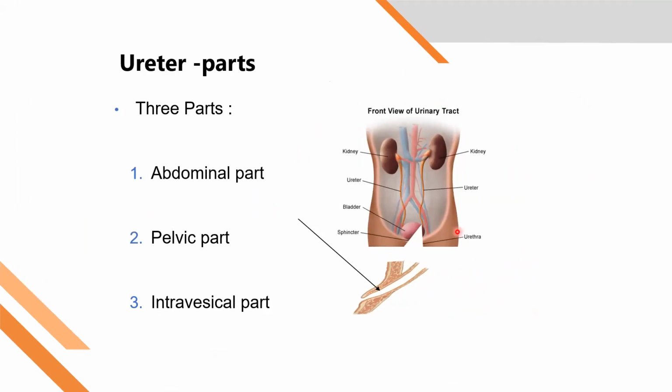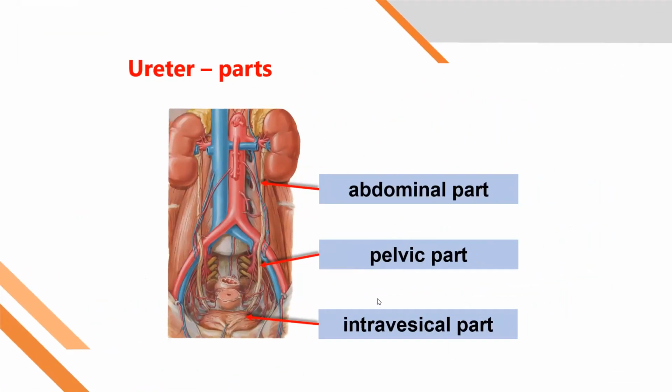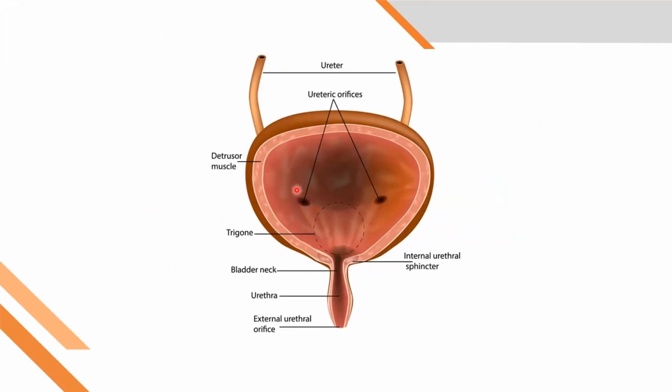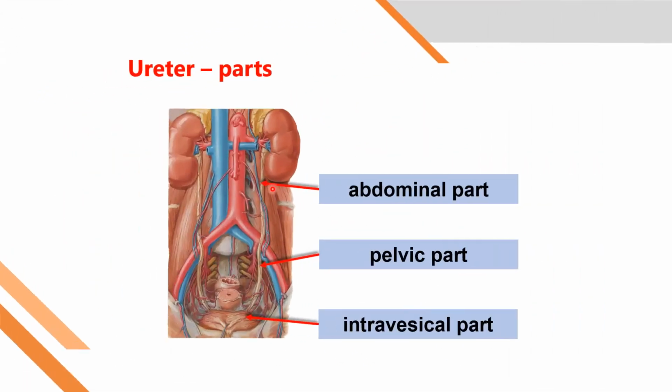Okay, this part you have to know. There are three parts of the ureter: the abdominal part, the pelvic part, and the intravesical part. What is abdominal? The part of the ureter that is located in the abdomen.